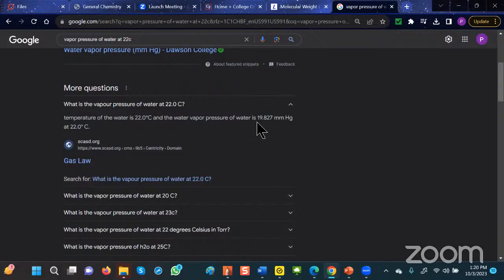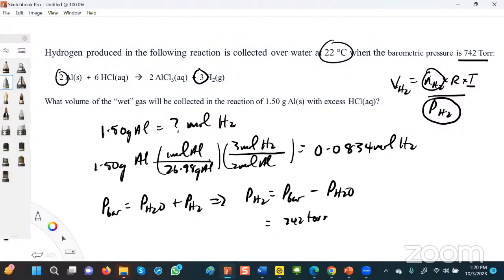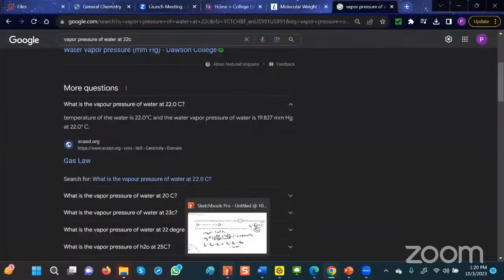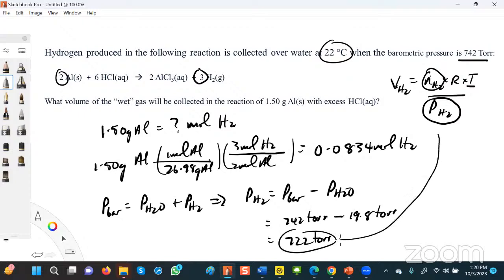Okay, 19.827. I'm just going to round it off to 19.8. But I would have to provide that value to you. So I'm going to put here 19.8 torr. So basically, 742 minus 19.8 works out to be equal to 722 torr. That's the pressure that we're going to put in this equation.